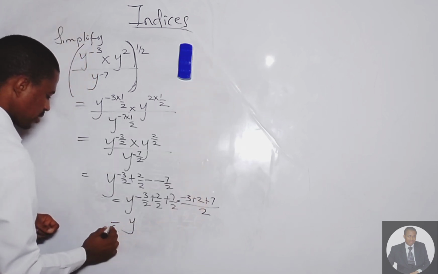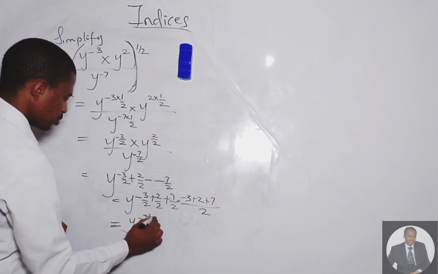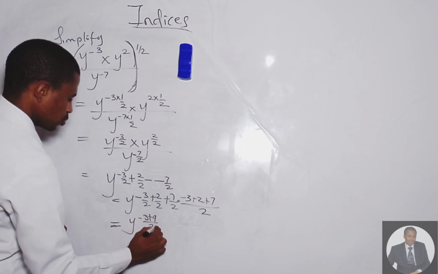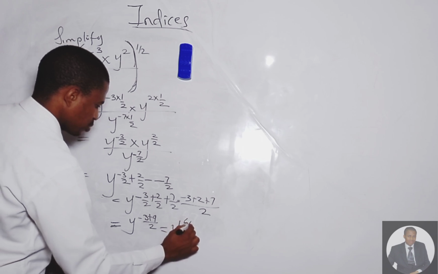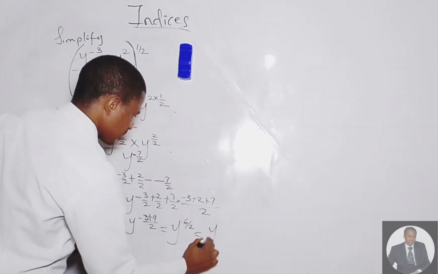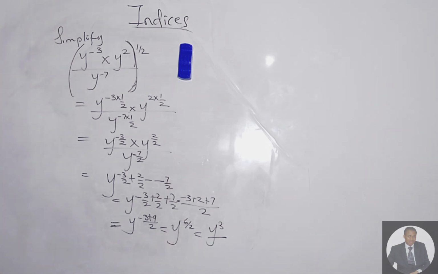We have y raised to the power of minus 3 plus 2 plus 7, that is 6 over 2. That gives us y raised to the power 3.